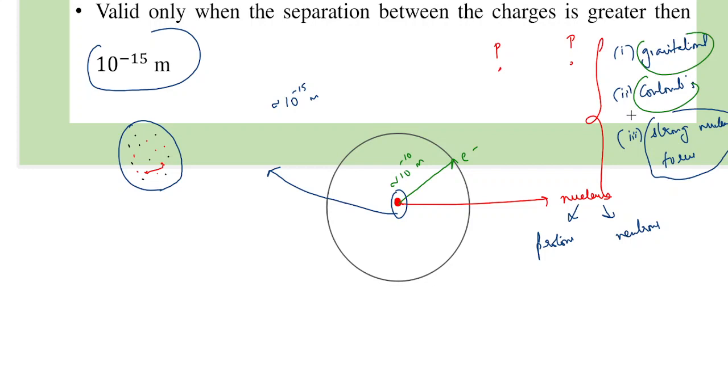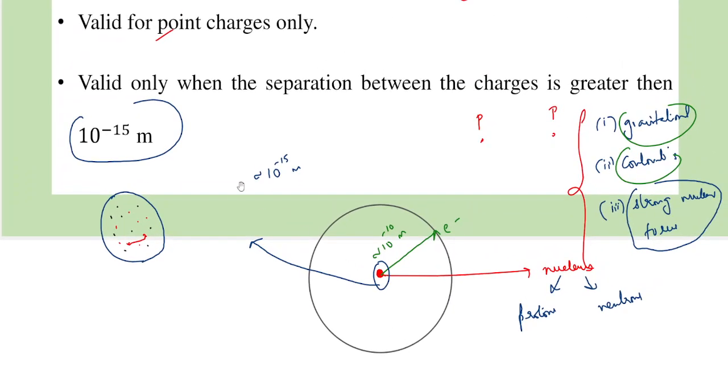It's very small, so we can neglect the effect of these forces. So whenever the distance is of this order, the only force acting between them would be the strong nuclear force, or you can say that Coulomb's law is not valid or not appreciable at this separation.